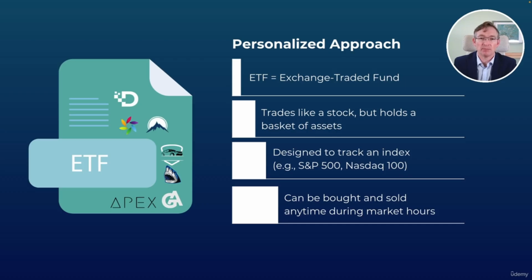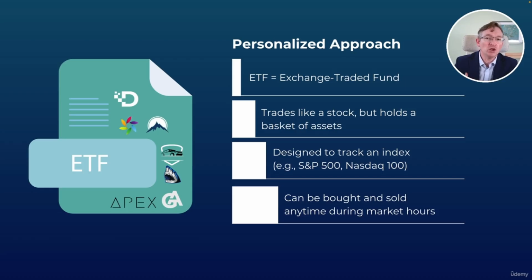Now, this is where the benefit really comes. Instead of being tied to one company, an ETF holds a collection of different assets. That collection could include stocks, it could be a collection of bonds, it could be a collection of commodities, or even real estate investment trusts. But today we're going to be focusing on ETFs that track stock indices.